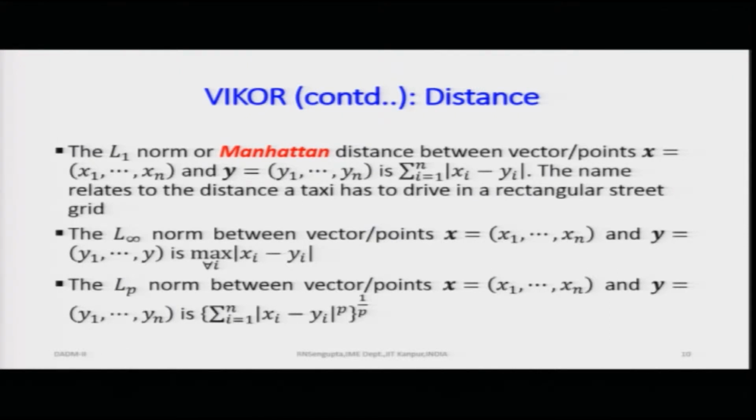And the LP norm between two vectors, again x1 to xn and y1 to yn, would be the difference of the mods to the power p, then summed up, and then taking the 1 over p power of that. That means you are trying to scale them up and then bring down the scale depending on the pth power which you have.